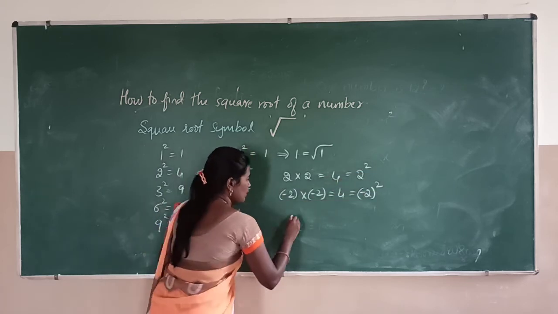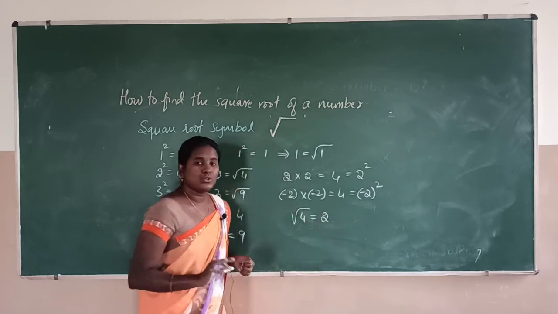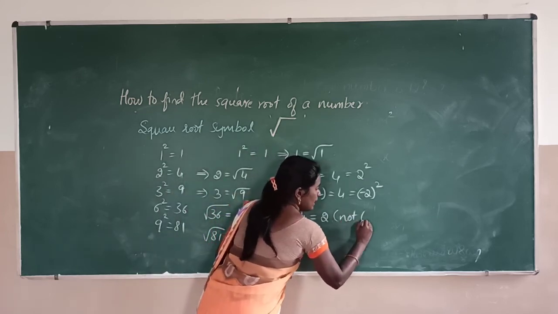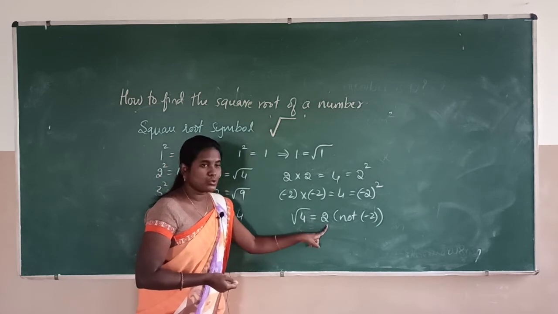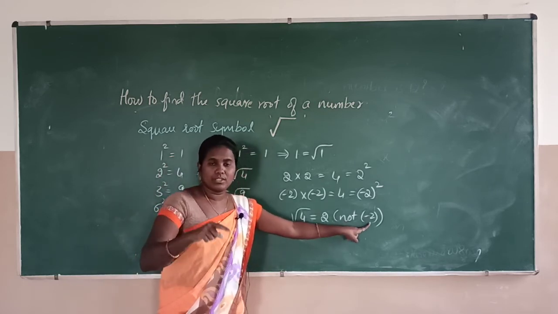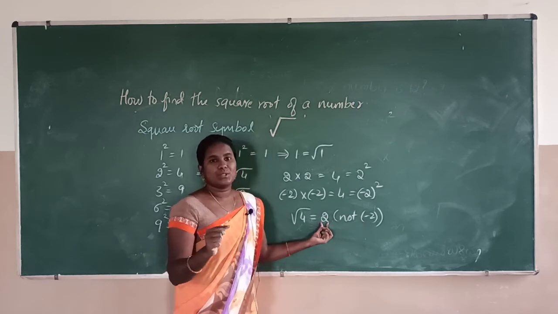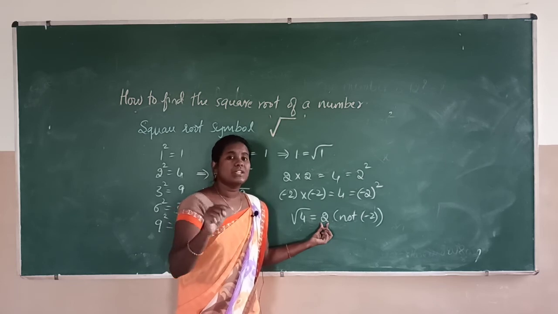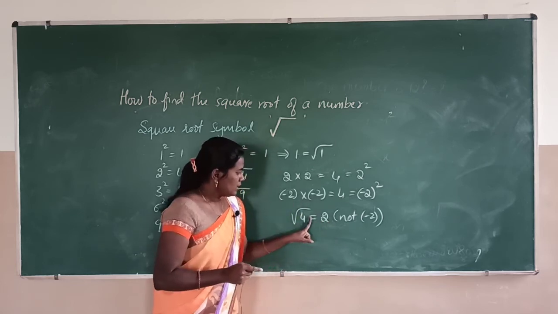But root 4 can be expressed as 2 only, not minus 2. See, root 4 is equal to 2, not minus 2, because in this lesson we are going to take only the positive square roots. Yes, we are going to consider only the positive square roots and positive square numbers. Are you getting?